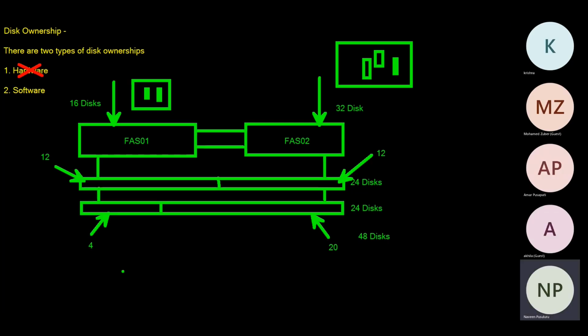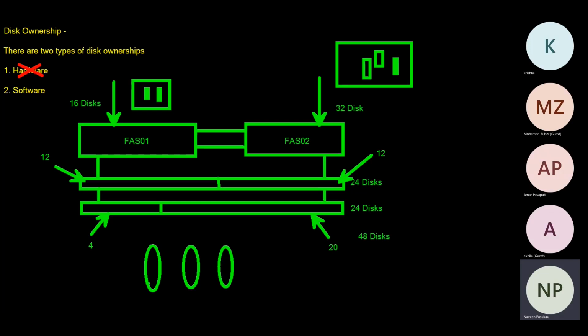What about ADP disks? Generally, it is pretty simple. If it is ADP version 1, it is again the same. An entire disk will go to controller 1, another entire disk will go to controller 2, something like that.